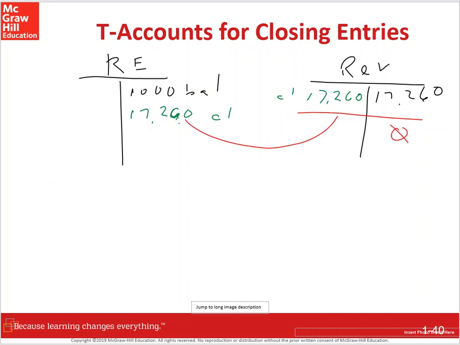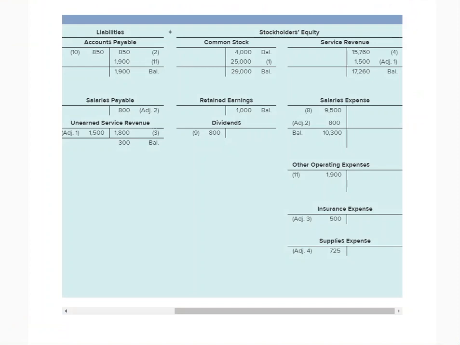Okay, let's try an expense account. Doesn't really matter which one we go with. Let's do salaries expense. It's got a debit balance of 10,300.